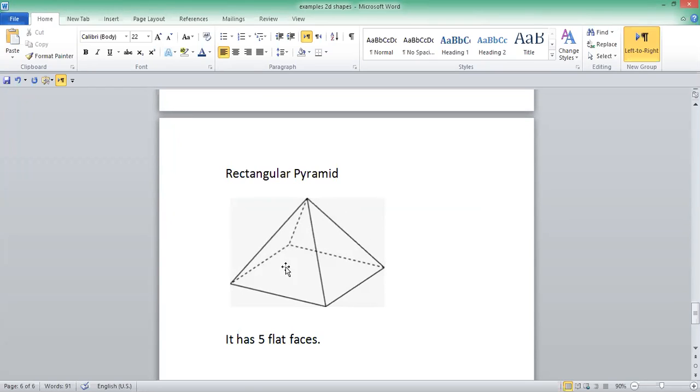This is 3. This is 4. And this one is the base. Guys, this bottom one is known as the base. So it has 5 flat faces, a rectangular pyramid. And you can see that 4 faces are triangular. 4 faces are in triangular shape here. I will explain what that means.